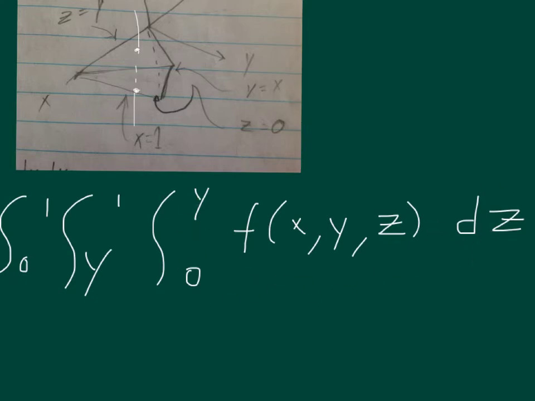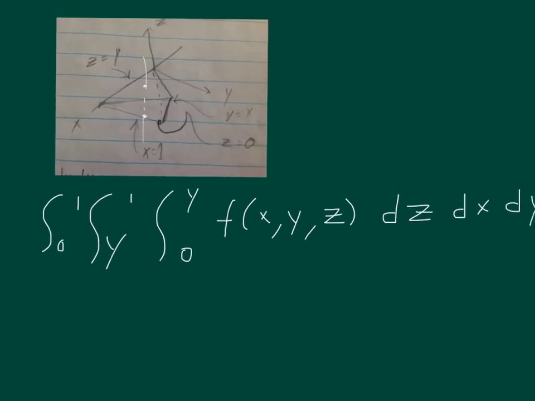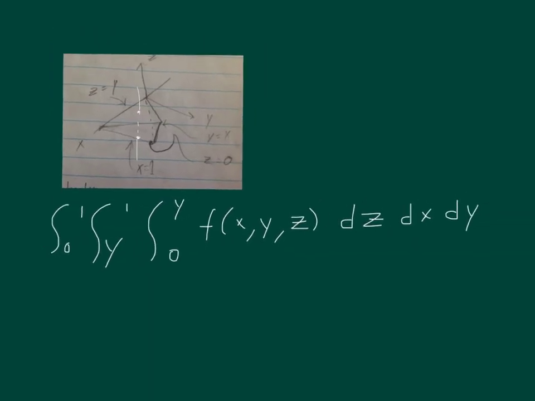When you look at your two outer integrals and their limits, what you do is you project the image onto the plane of the remaining two variables. In this particular case, we would project the domain of this figure onto the xy plane.